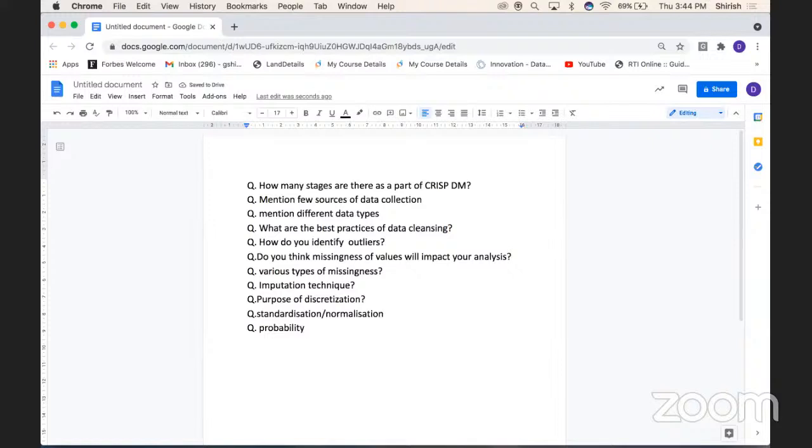And now you know that probability is again classified, or you will have a variant like there could be a joint probability, or it is conditional probability.